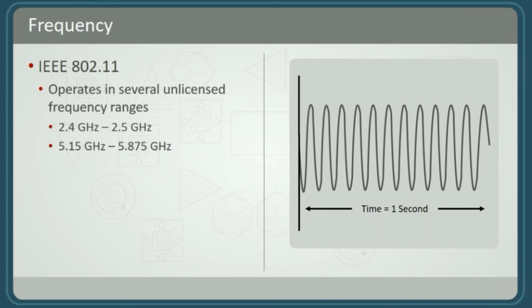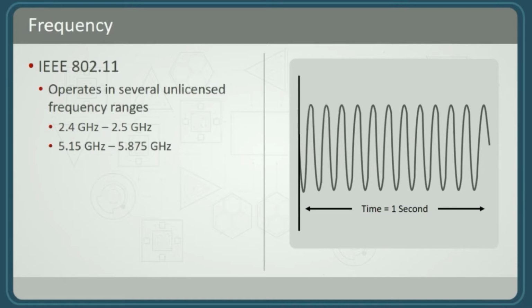There is a range between 2.4 and 2.5 that is actually used, and there are varying values within that range for different types of transmissions. Now, we'll talk about that in greater detail later on, but it is not always exactly 2.4.